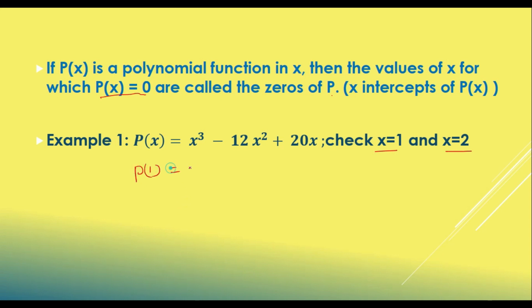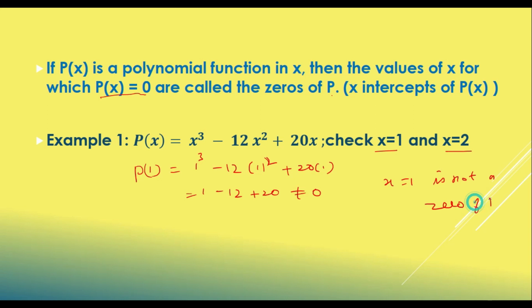P of 1 is 1 cube minus 12 times 1 square plus 20 times 1, which is 1 minus 12 plus 20. This is 21 minus 12, not equal to 0. So x is equal to 1 is not a zero of p of x.